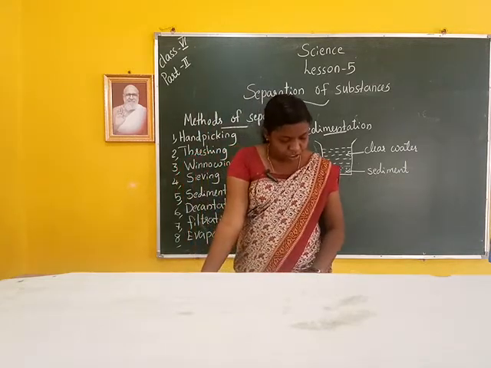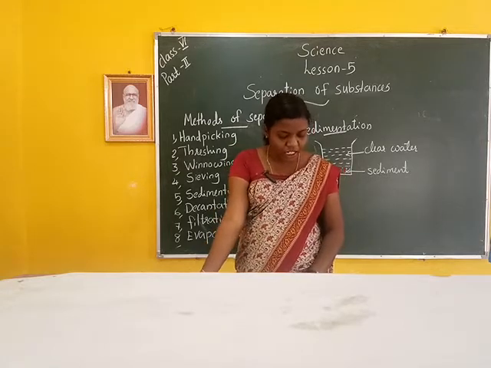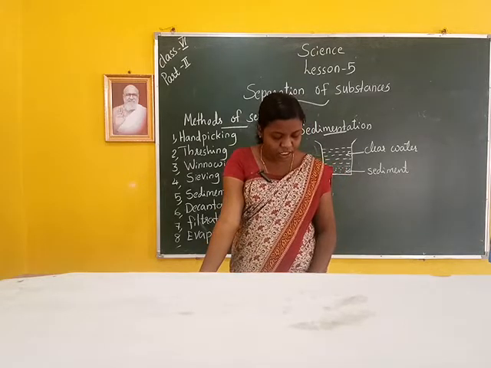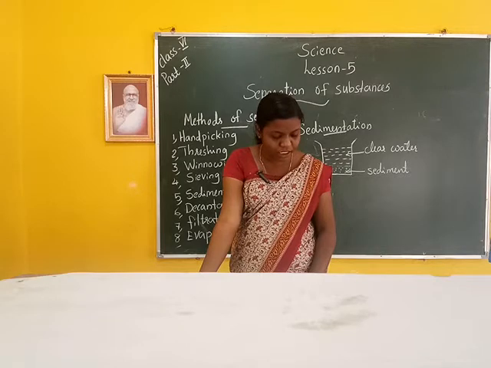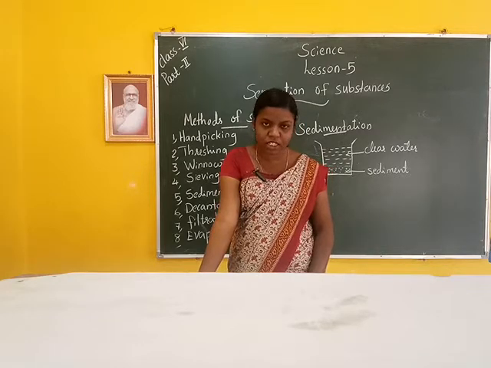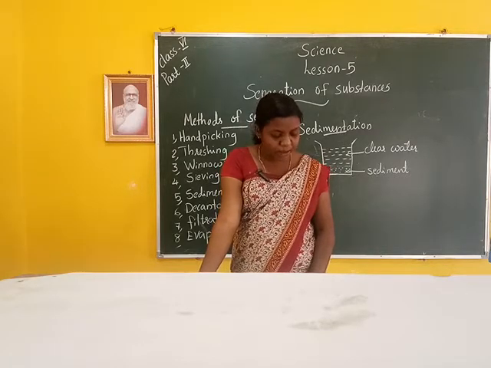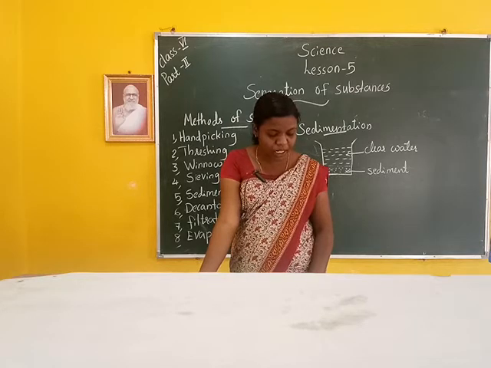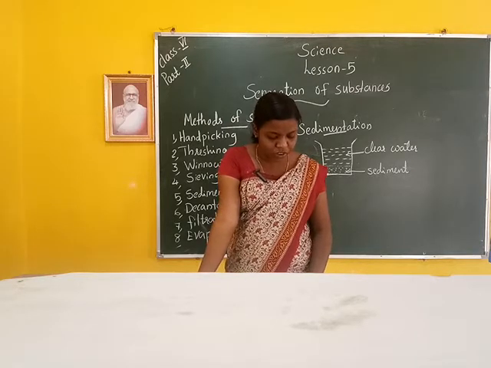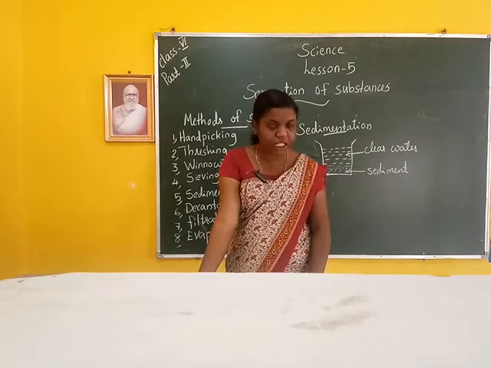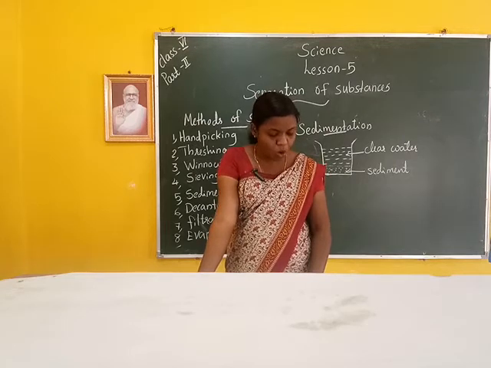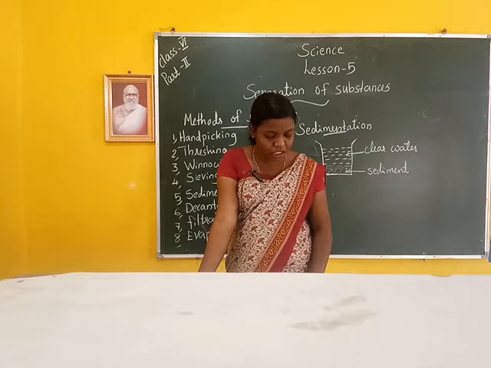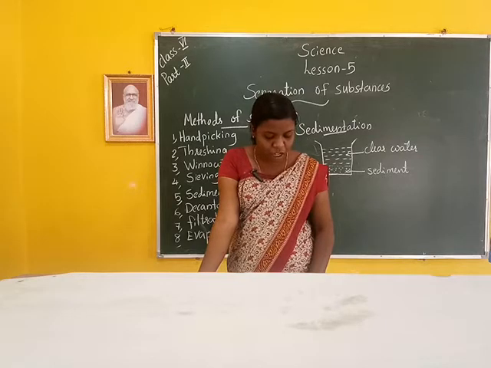The process of transfer of clean liquid from one vessel to other vessel without disturbing the sediment particles is known as decantation. The same principle is used for separating a mixture of two liquids that do not mix with each other. Example, oil and water can be separated from their mixture by this process.